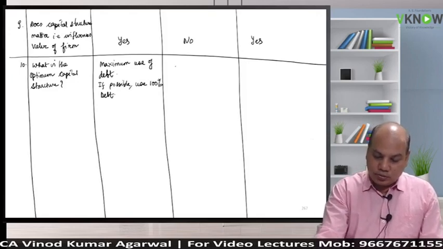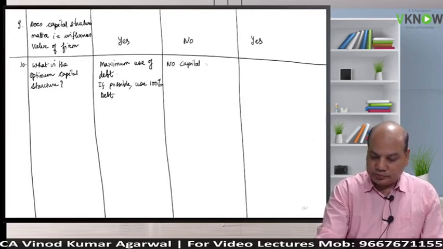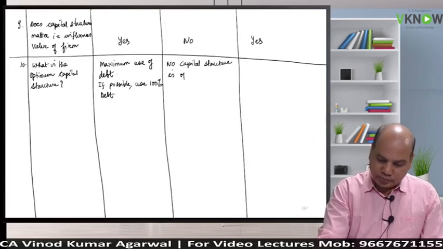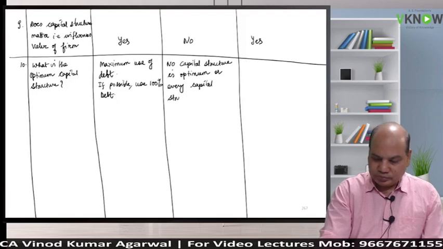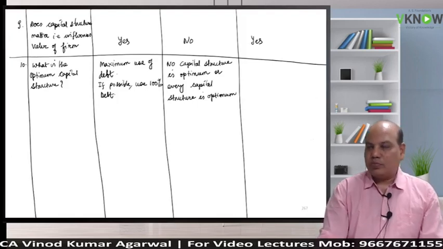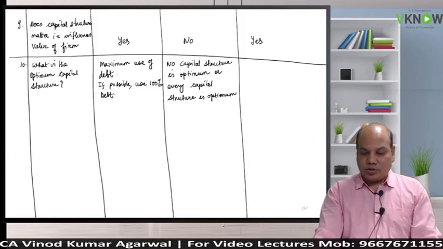Here, no capital structure is optimum, or every capital structure is optimum.